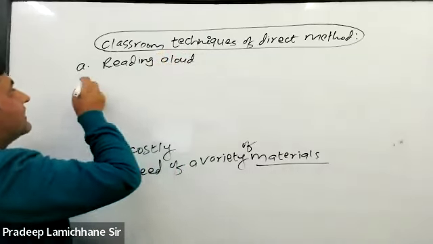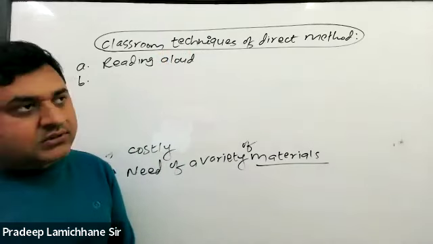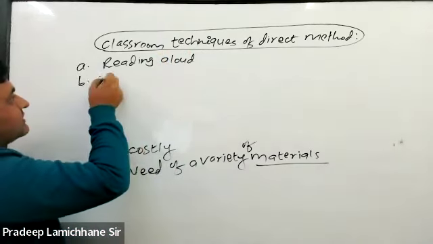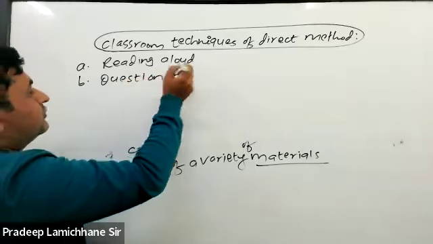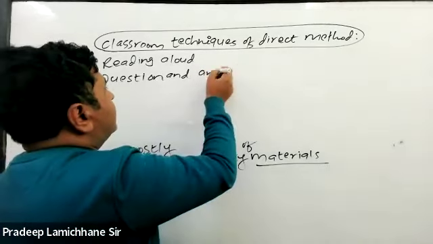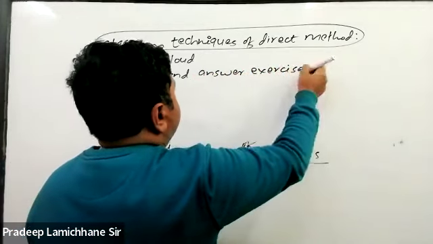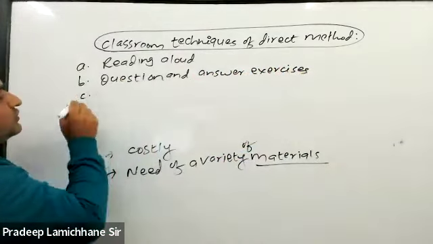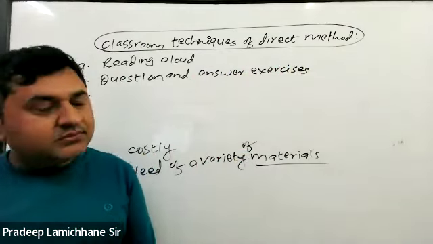Next is question and answers. In this classroom, you have to do question and answer exercises. You assign reading activities to your students and you expect them to respond to the questions given below the passage.